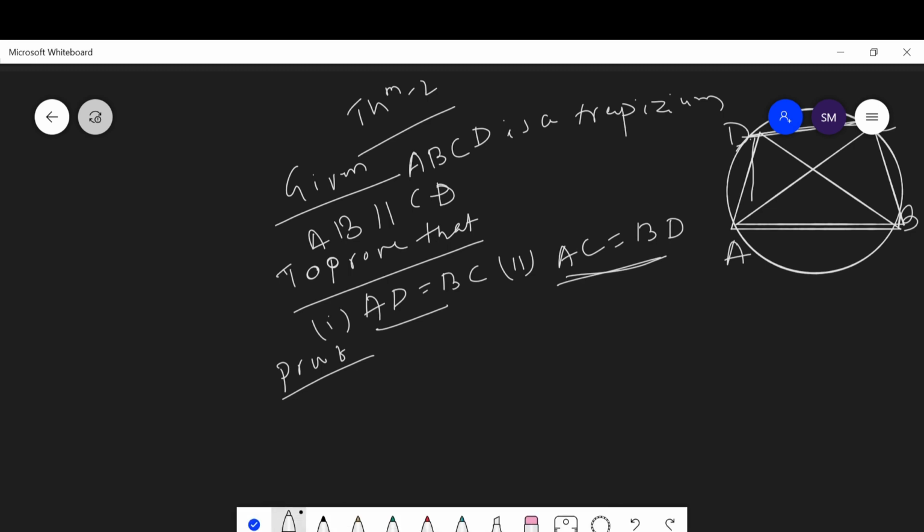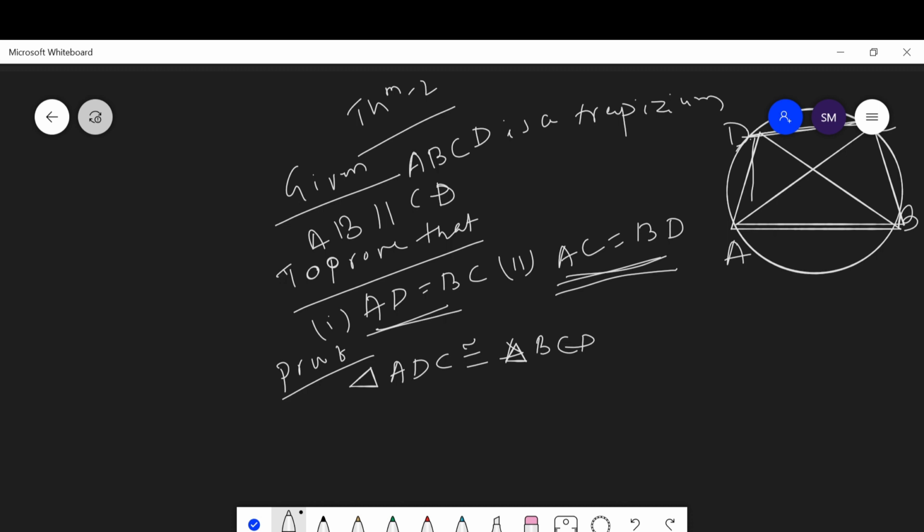Let us prove. In order to prove this, it is sufficient to prove that the triangle ADC is congruent with the triangle BCD. This is sufficient to prove that these two triangles are congruent to each other.